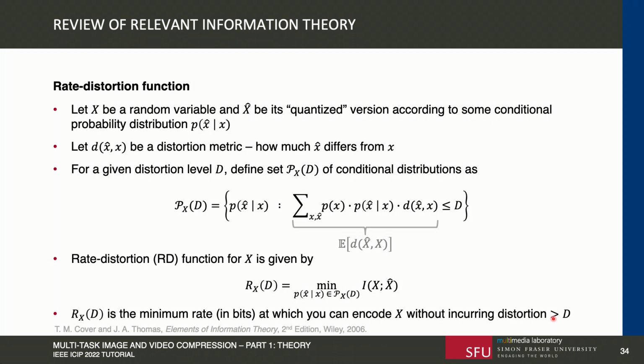Just like entropy represents a fundamental bound on lossless compression, R sub x of d, the rate distortion function at d, represents the bound on compressing x at that distortion level.